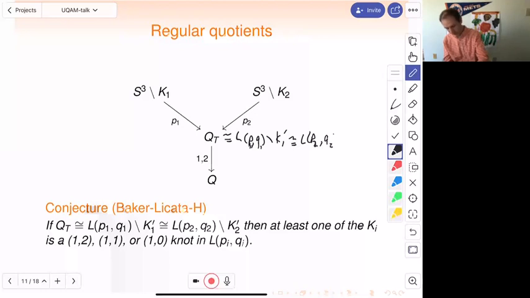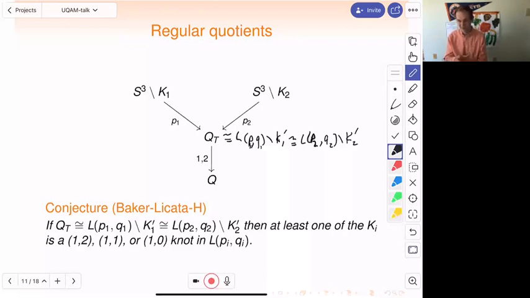So each Dehn surgery that we would do to reveal a different filling to a knot complement also reveals a different name for QT, namely that it's a knot complement in one lens space and a knot complement in another lens space. And so for each one of those fillings, we have a knot that's embedded in these two lens spaces.